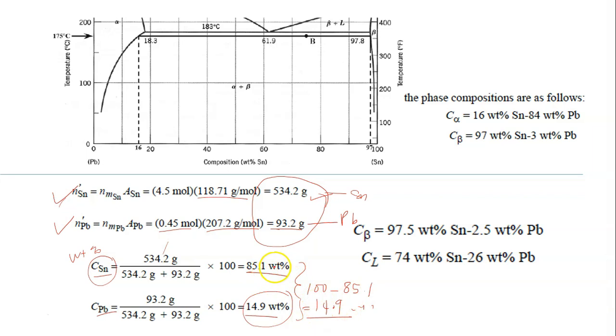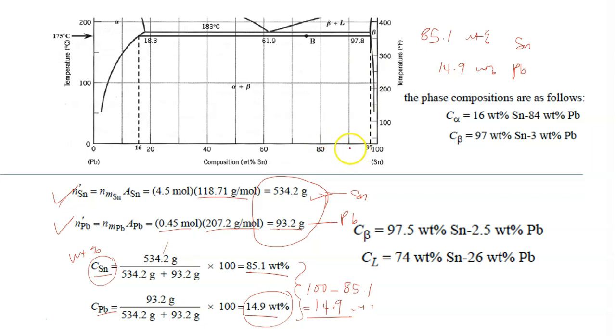Okay, so now you know that for condition number 2, you need to find the location of 85.1 weight percent of tin and 14.9 weight percent of lead. So 85.1 is probably around here.